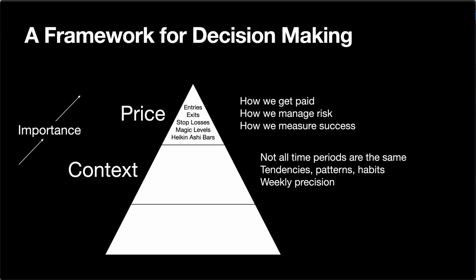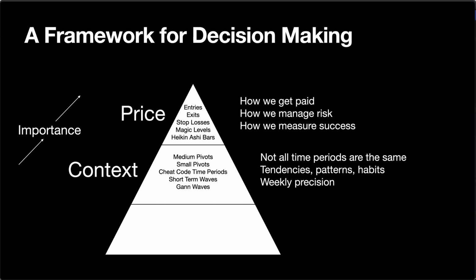Next up is context. Now, this is understanding that not every day is the same and not every price is the same. So we're looking at things like tendencies, patterns, habits. These tend to have weekly precision, so it's not pinpoint to the day. These are tools like the medium pivots and the small pivots that you've seen me add over the last couple of months.